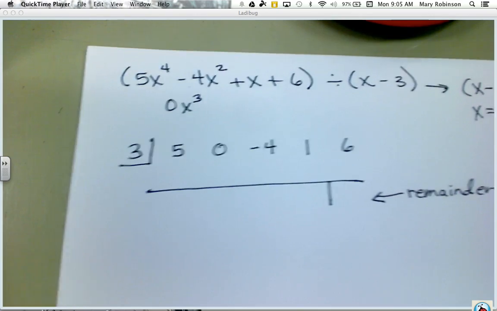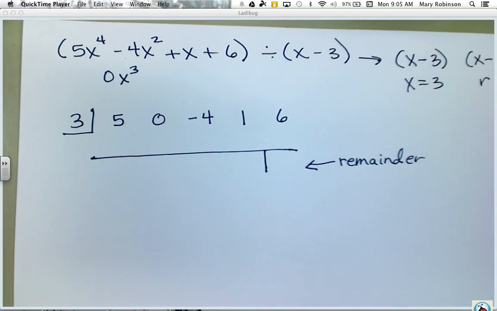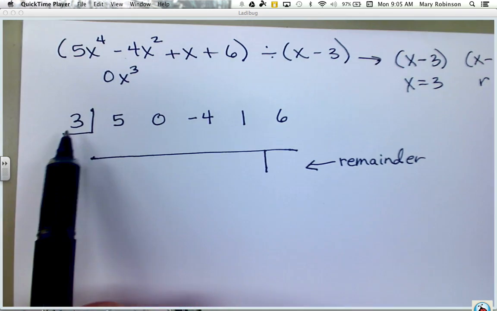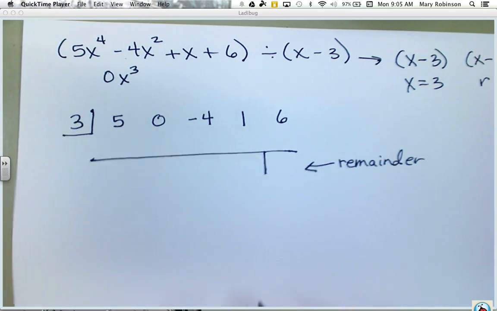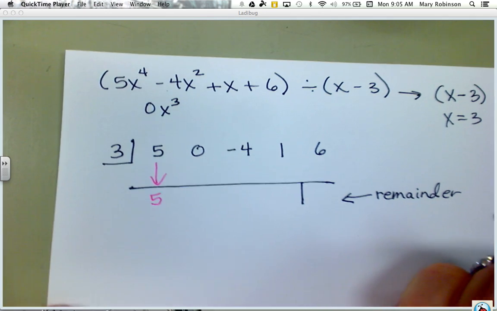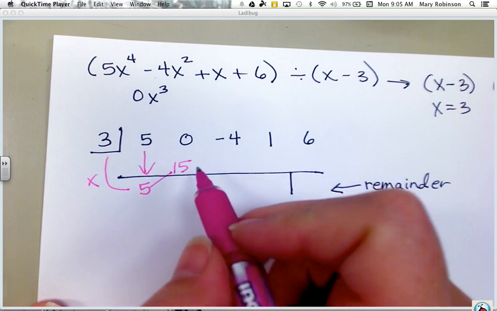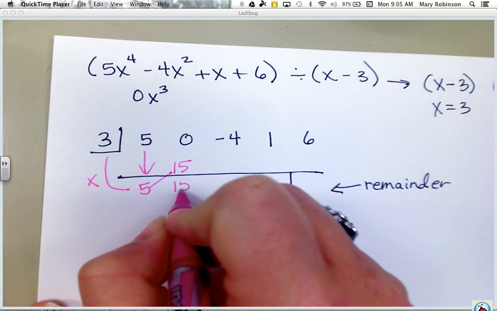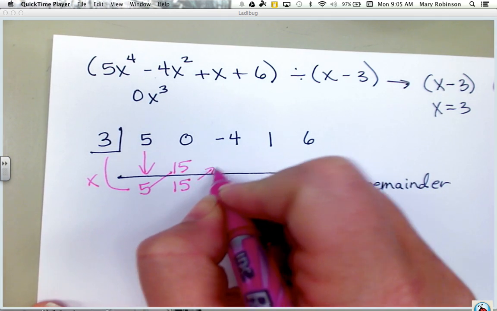All right, so again, I'm going to repeat the process, but do it here on paper. Our first step is to write in r as a box and write down all of our coefficients. So we bring our first number down. We get 5. 3 times 5 is 15. 0 plus 15 is 15. 3 times 15 is 45.